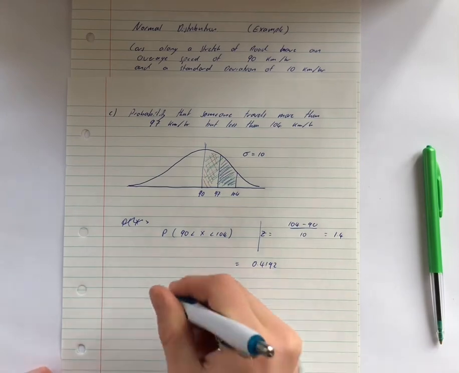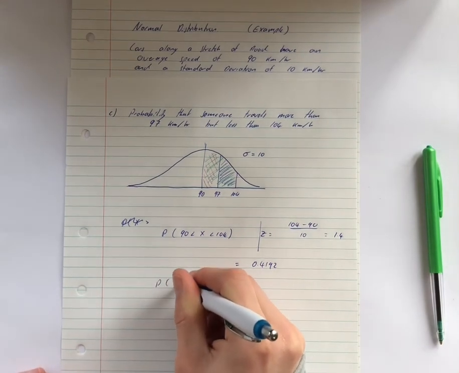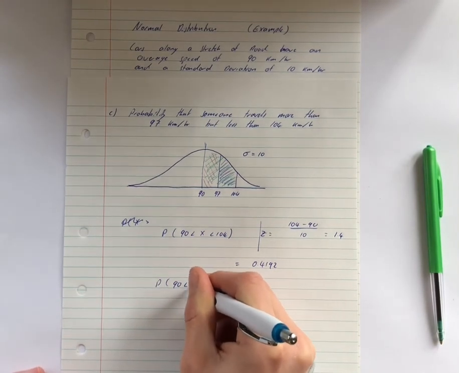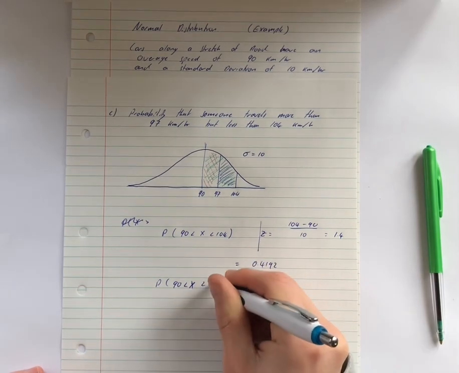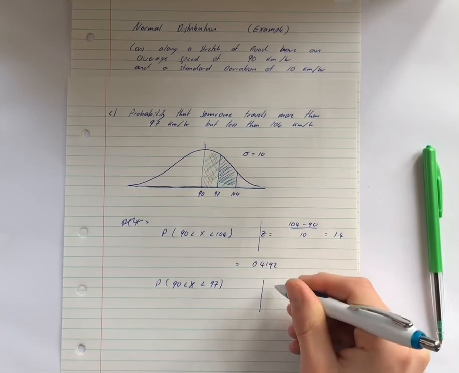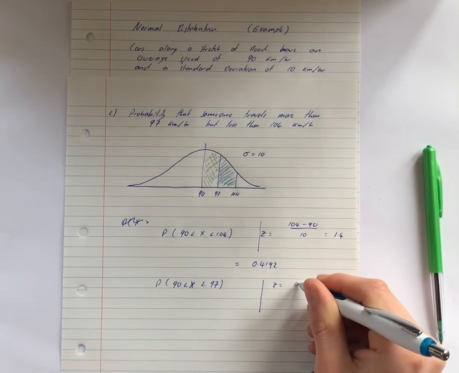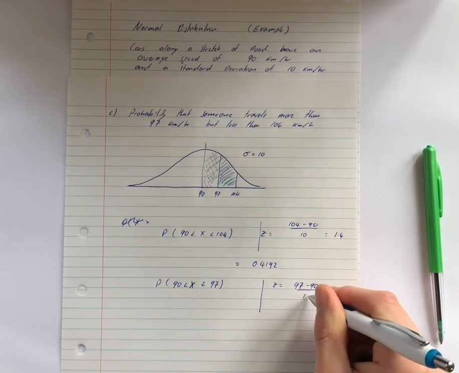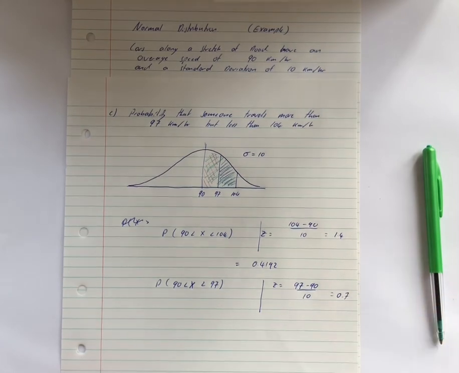Then we need the probability of someone travelling more than 90 but less than 97. So we get the number of standard deviations, 97 minus 90 over 10, or 0.7.